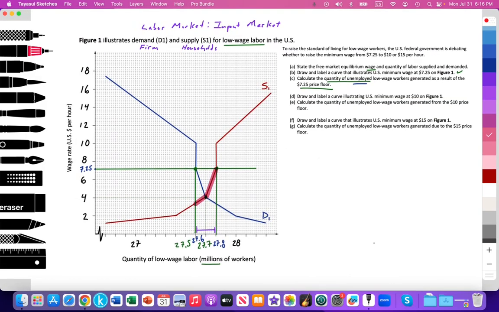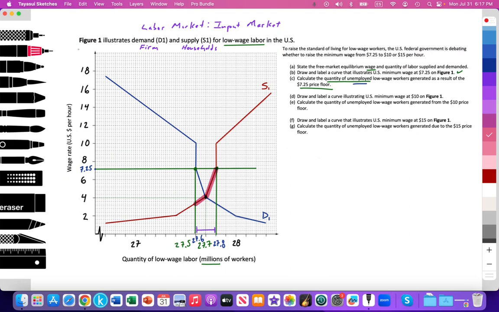In the first part of the video, again linked below, we went over the first 3 parts of this question. So in figure 1, we have the demand for labor, and demand is emanating from firms because this is a labor market where labor is an input. And so the roles here are reversed. Demand is from firms and households supply the resource, in this case, labor.